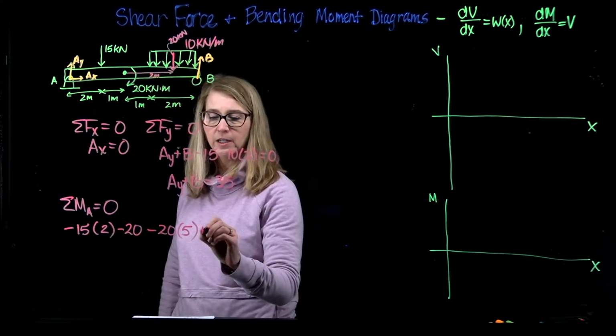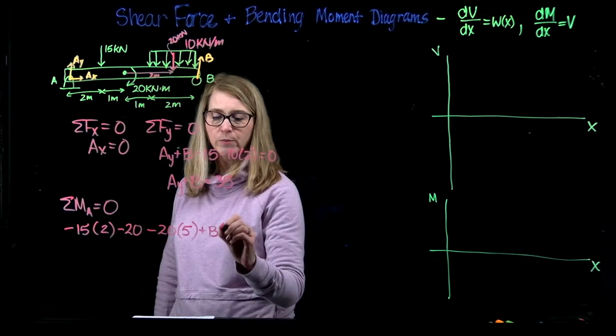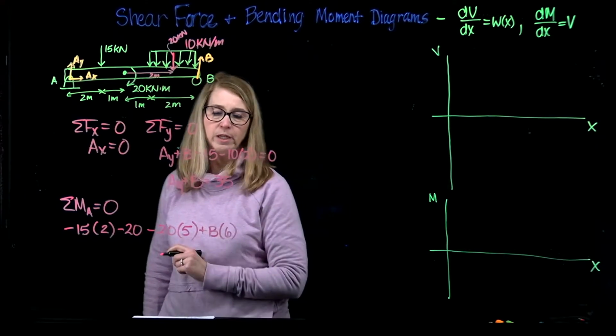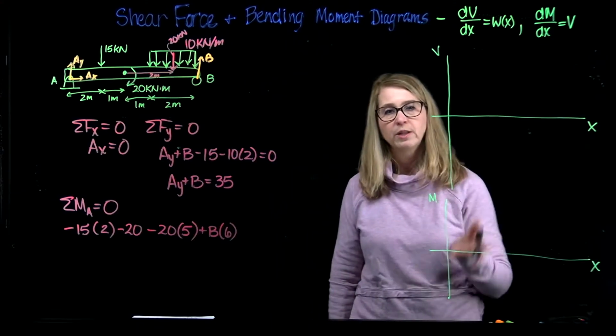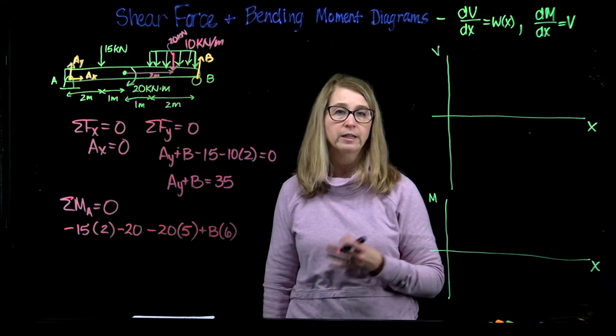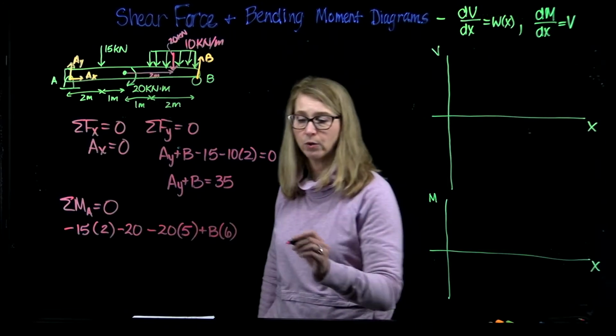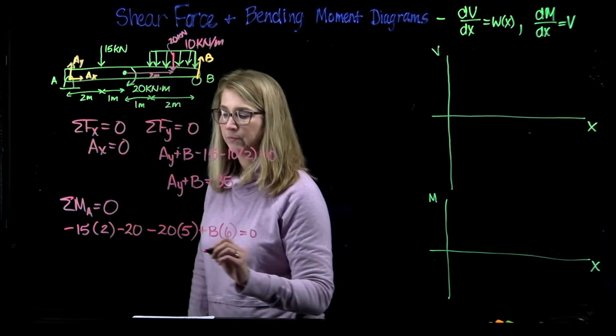And then finally, we have the support reaction at point B. That's the only force that's pointing up, and so that's the only one that's going to cause a counterclockwise rotation, so it's the only positive moment.